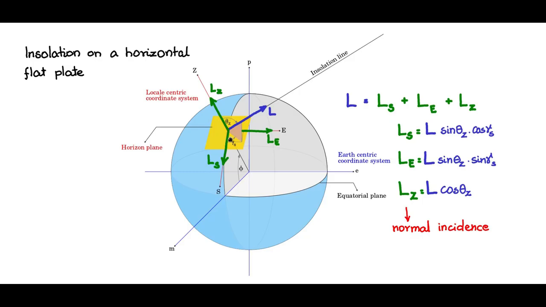We have seen L resolved into LS along the south axis, LE along the east axis, and LZ along the zenith axis, and it is of interest for us to find out this insolation vector along the zenith axis, which is L cos theta Z, the zenith angle.